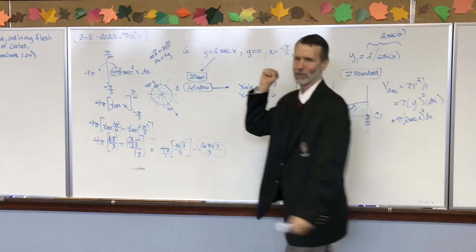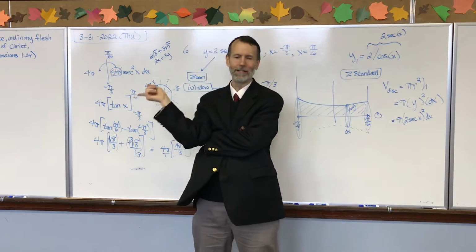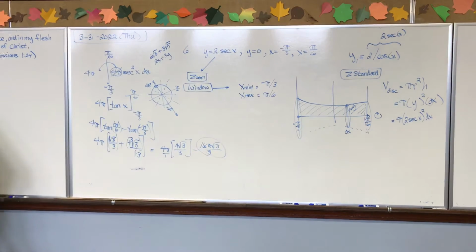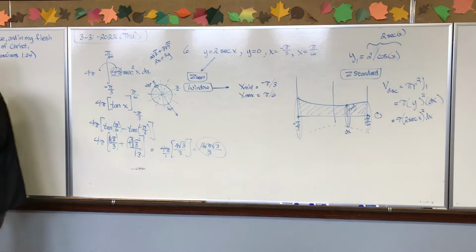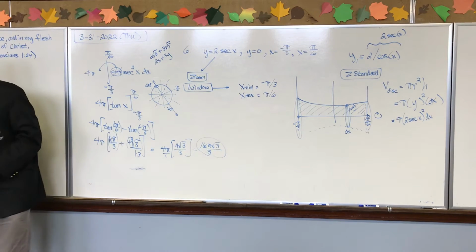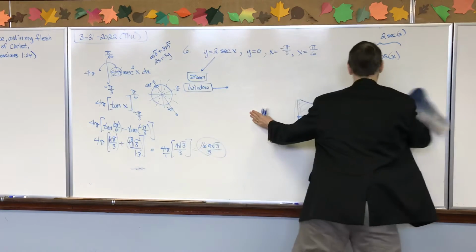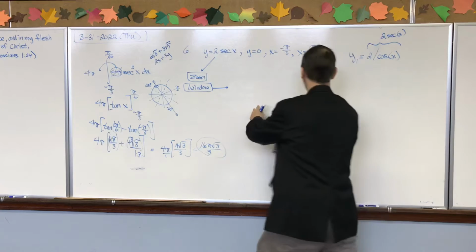Any other questions you wanna have on these? Yeah, Number 4. Okay. Find the volume of the solid. x equals negative y squared plus 4. This could make people scratch their heads.